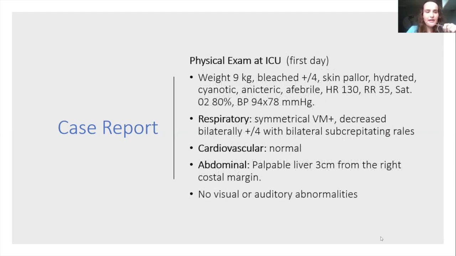When he got there, his physical exam showed he was bleached, he had skin pallor, he was cyanotic, and his saturation of oxygen was low. He had bilateral subcrepitant rales, decreased vesicular murmur, and a palpable liver 3 centimeters from the right costal margin.